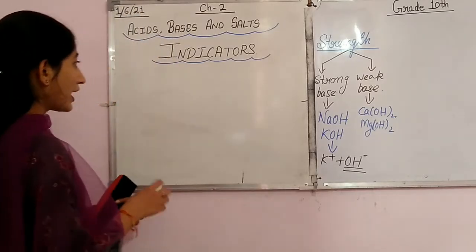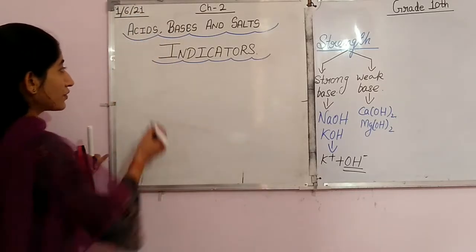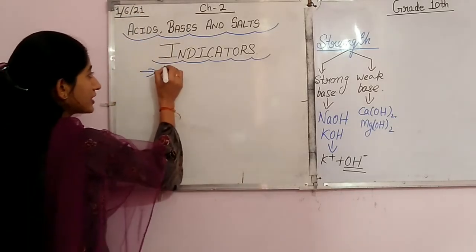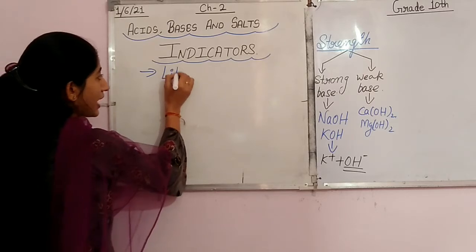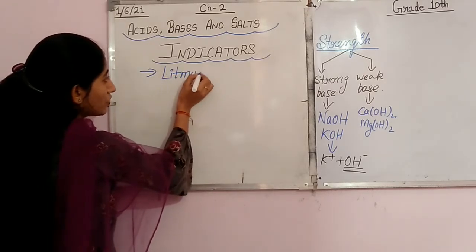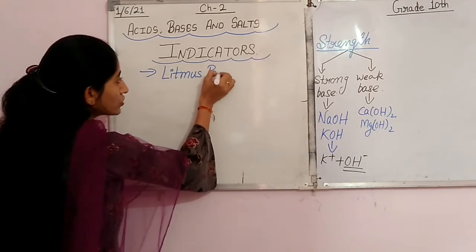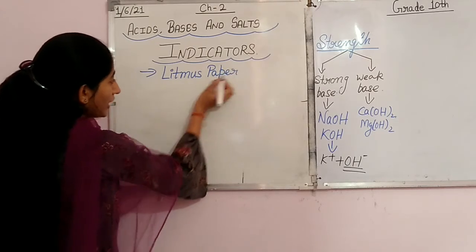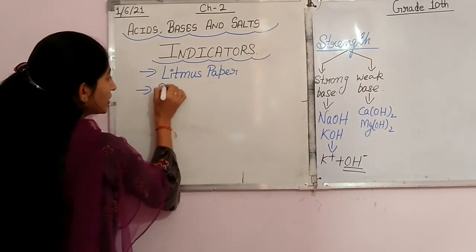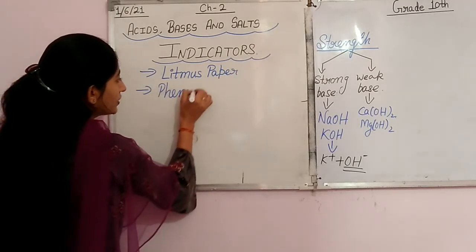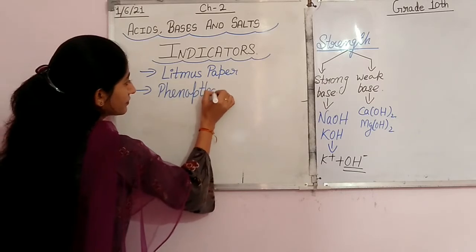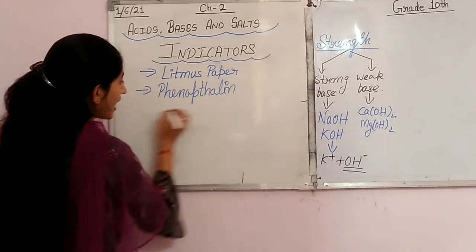Okay. So we have different types of indicators like litmus, litmus paper, the most common one. Then we have phenolphthalein. Then we have methyl orange.